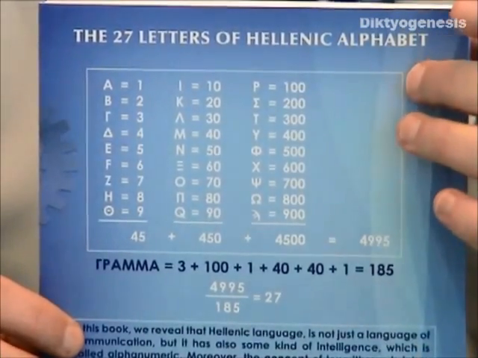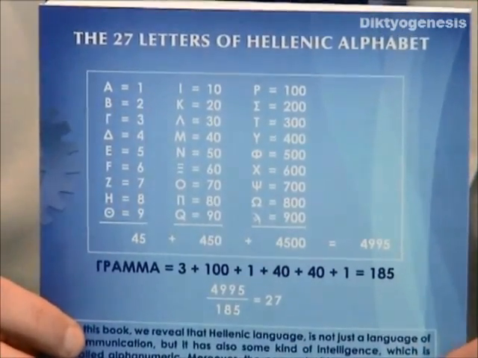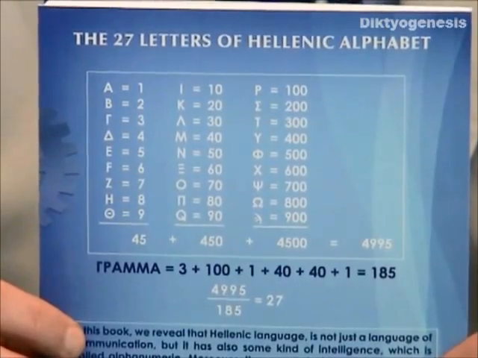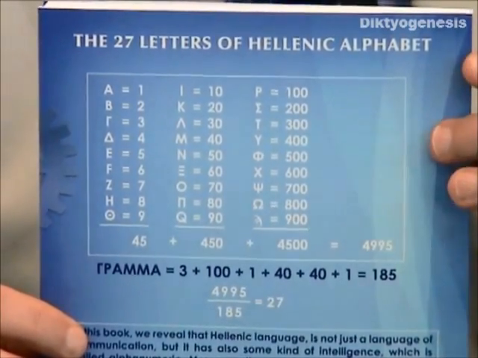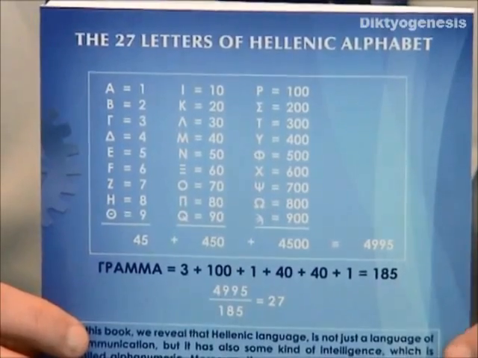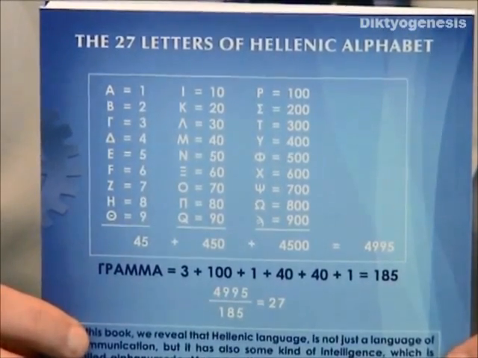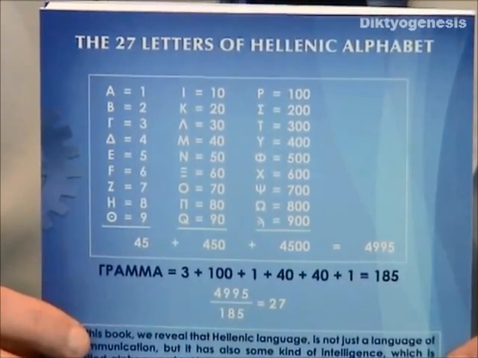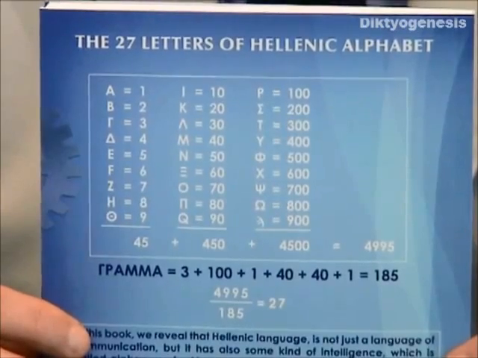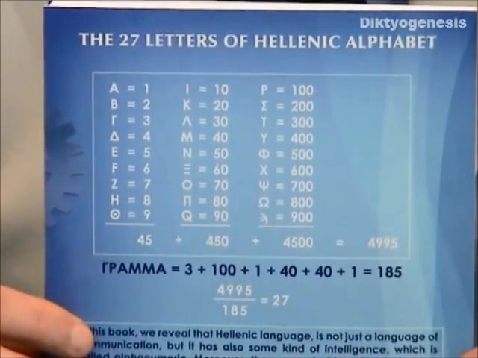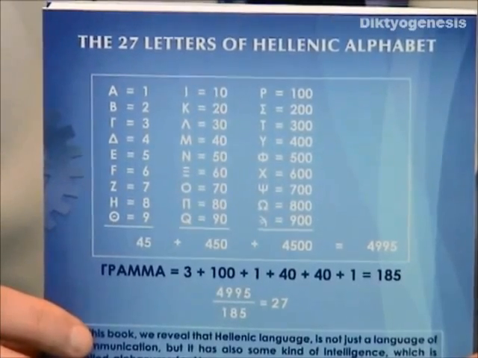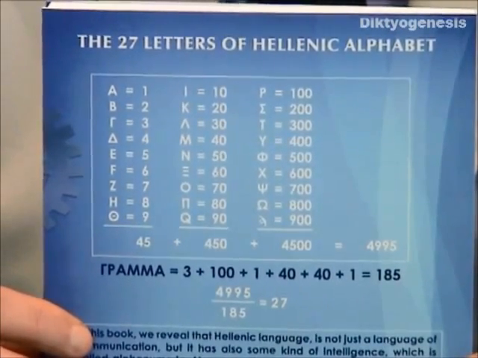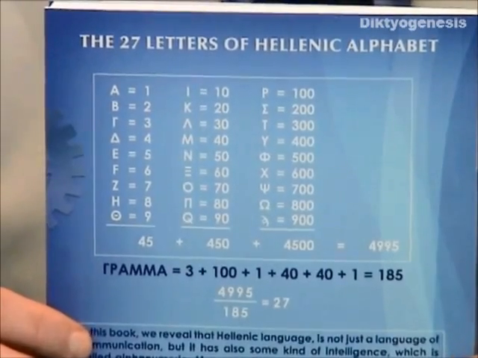And the last column of numbers and letters corresponds to the multiples of 100, starting from rho, which is equal to 100, sigma 200, tau 300, upsilon 400, phi 500, chi, the well-known x, 600, psi 700, omega 800, and sampi 900.